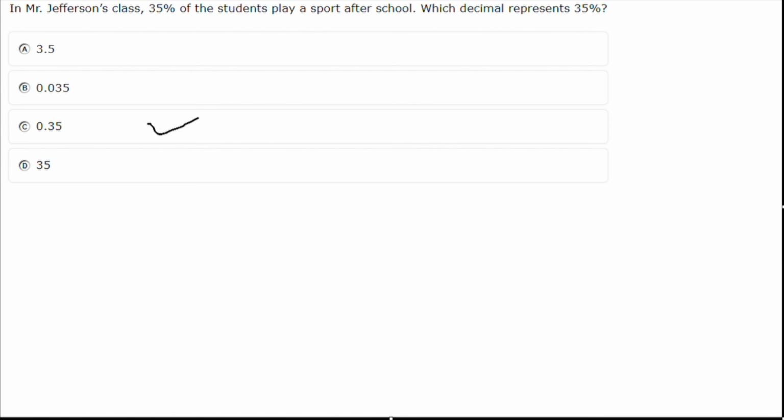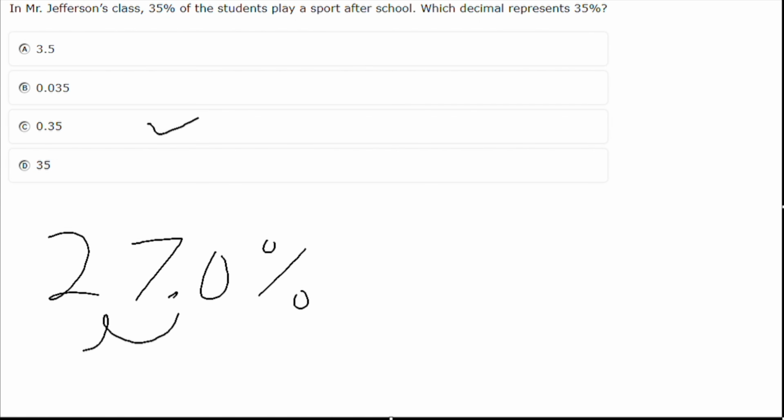So let's say someone gives you 27%. Don't just leave it there. Add your decimal point and your imaginary 0. Then you're going to move your decimal 2 places to the left, and so this ends up becoming 0.27.